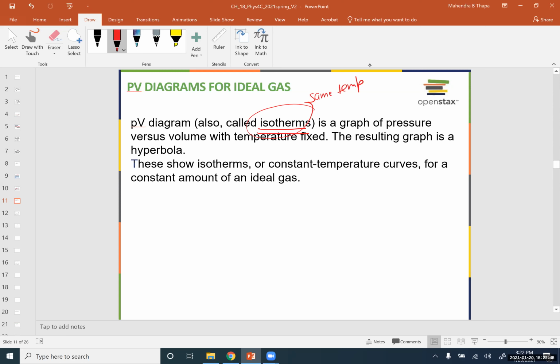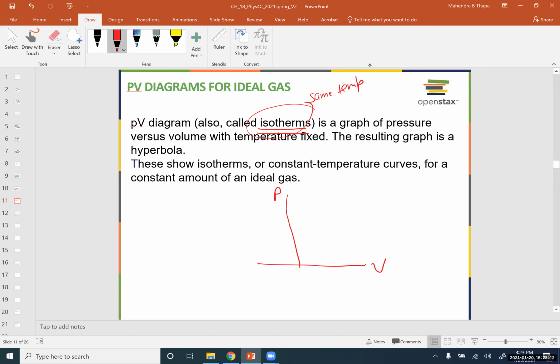If you draw the picture, it gives you a hyperbola kind of curve, with P along the y-axis and volume V along the x-axis.